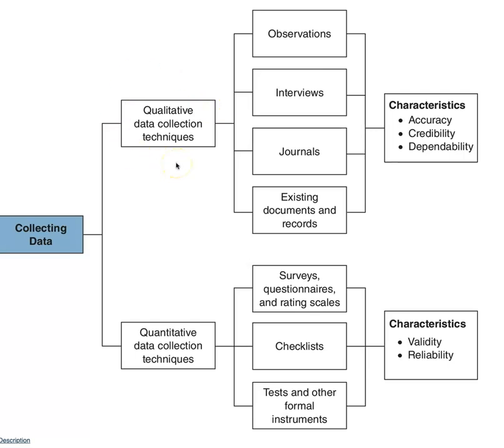Now, in terms of collecting qualitative data, you can see this in different buckets. We have observational data, we have interviews, we have journals, or we can also look at existing documents and records, right? So we have different sources of interviews.